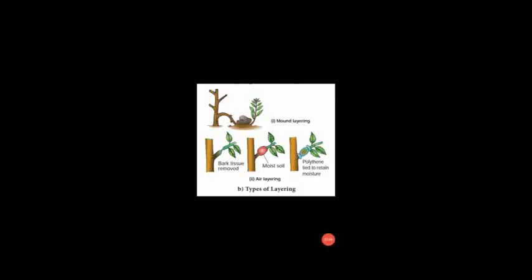Dear students, see the diagram. First, in the plant, at the nodal region, we girdle. That means we remove the tissues or content present in the nodal region. The nodal region is applied with hormones and also covered with damp or moist soil using a polythene bag.